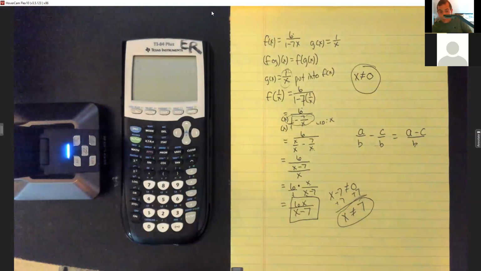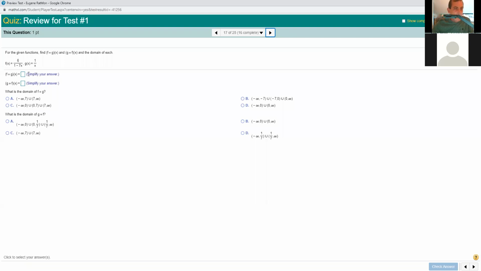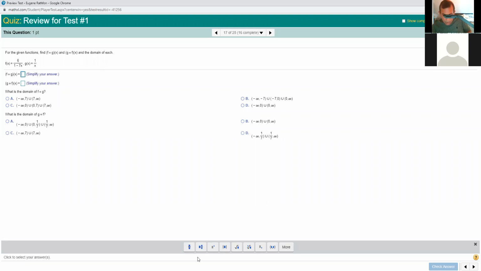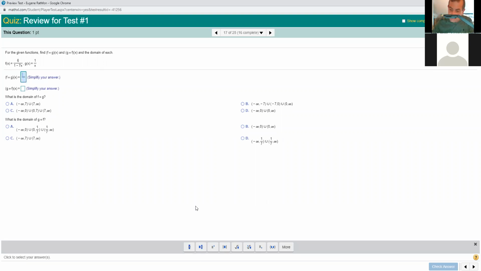Y'all, this is probably y'all's worst problem on here, I think. So f of g of x, I said, was, let me grab the fraction-y one down here. On top, I had a 6x. And then on bottom, I had an x minus 7.